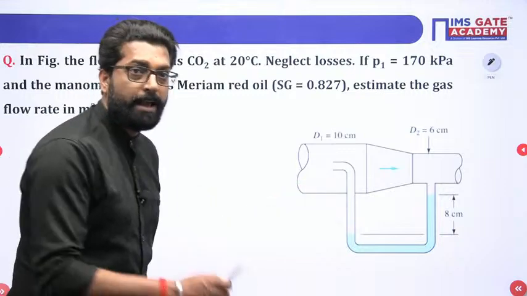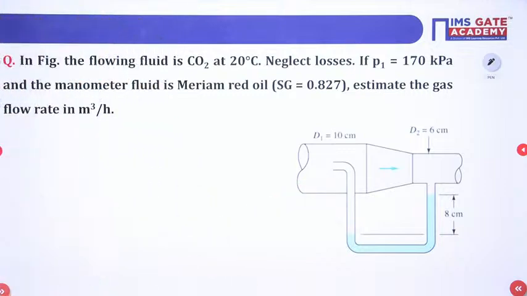Okay. So just see this one. I will read the question. In the figure, the flowing fluid is carbon dioxide. Carbon dioxide acts as an ideal gas; you can take it like that. The flowing fluid is carbon dioxide at 20 degrees centigrade. Neglect the losses.